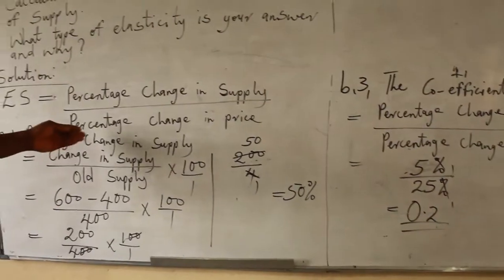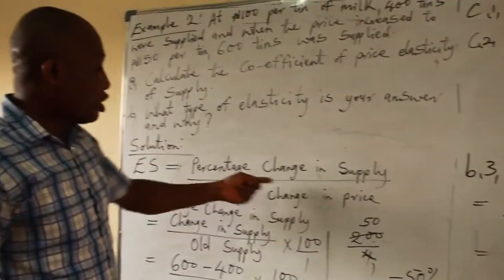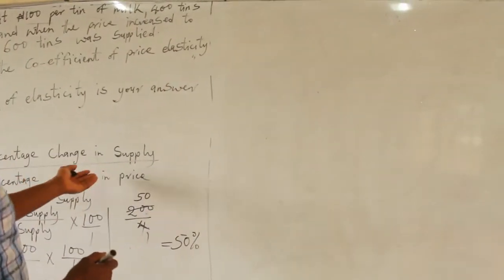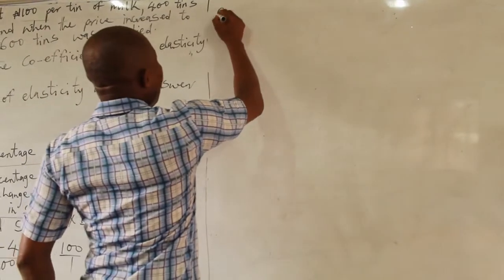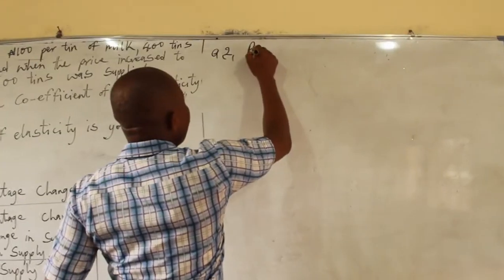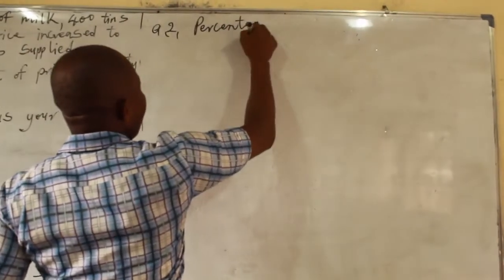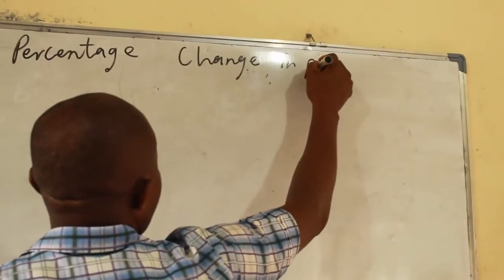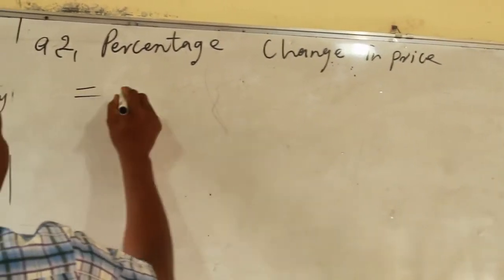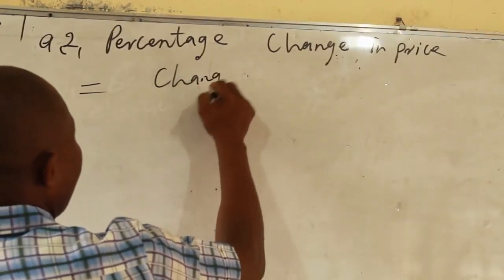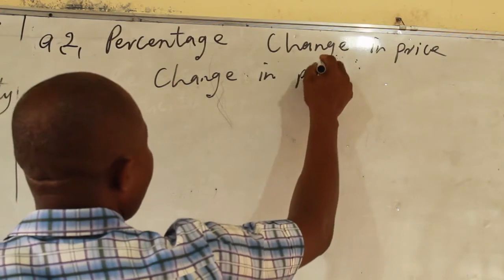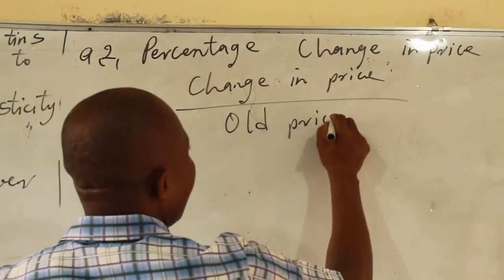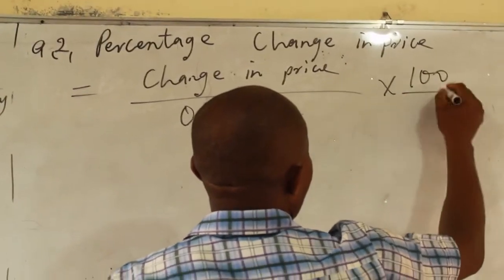Right now we are going to determine our A2, which is the percentage change in price. Percentage change in price is change in price over old price times 100 over 1.